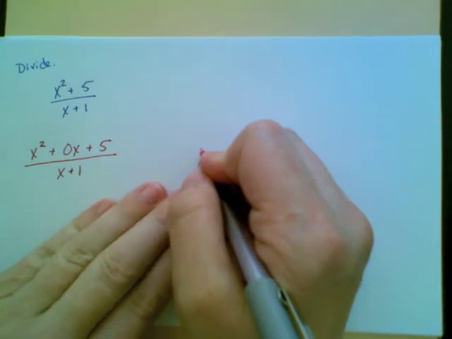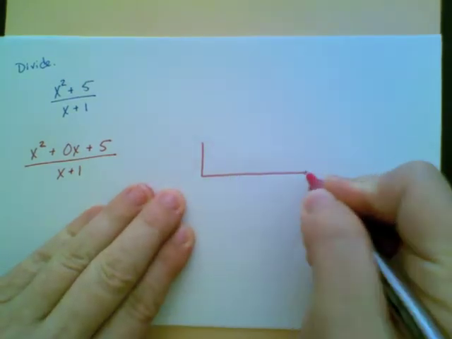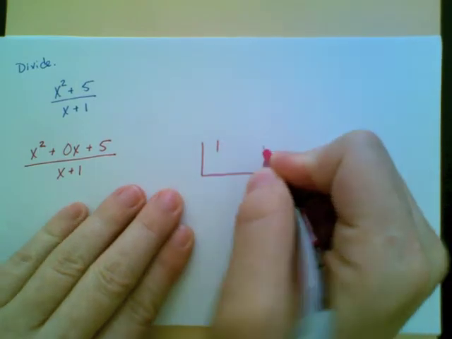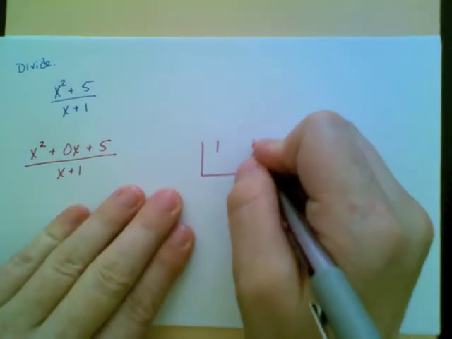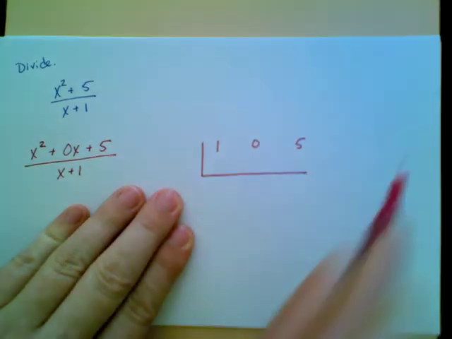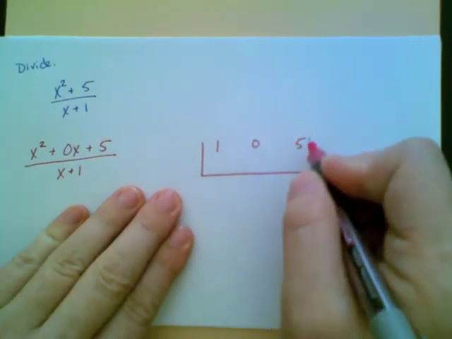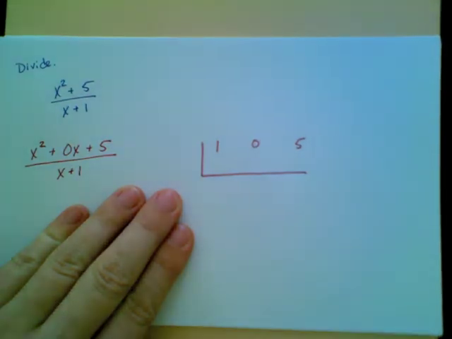This is important because when I'm doing the synthetic division, it's all about position. I'm not writing down x's, and so I need to keep track of what my terms are by their position.